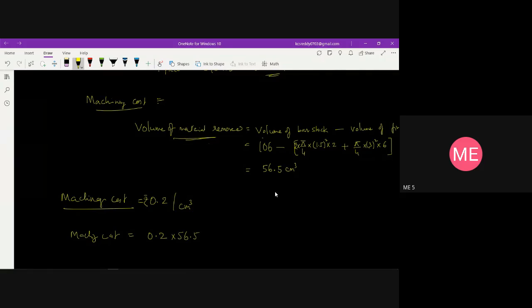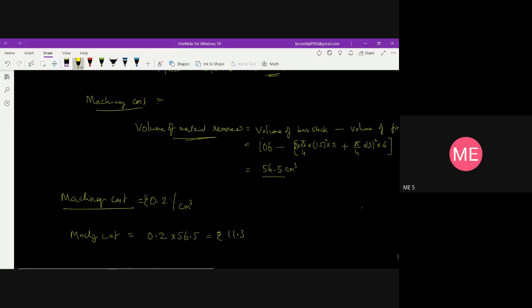This is the volume of the material removed. For 1 centimeter cube it is 0.2 rupees, and then for the 56.5 centimeter cube, how much does it cost? It is 11.3 rupees.